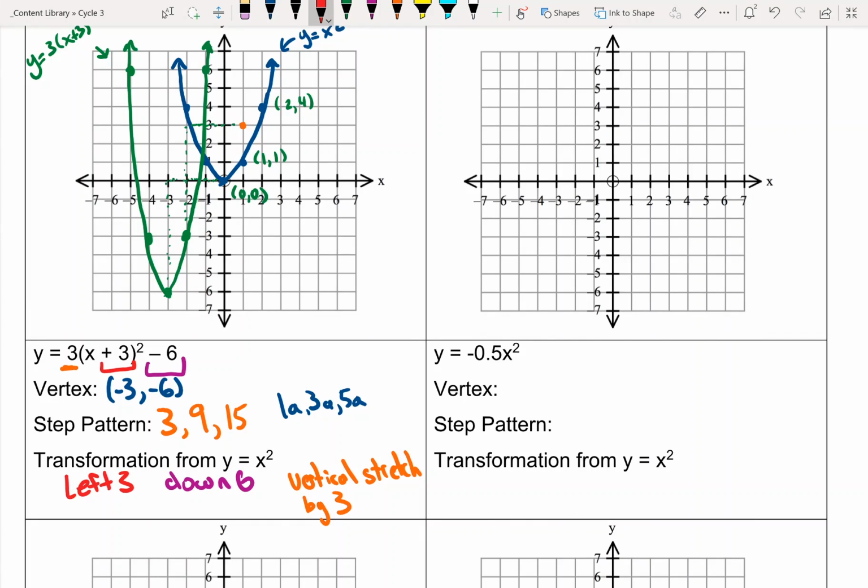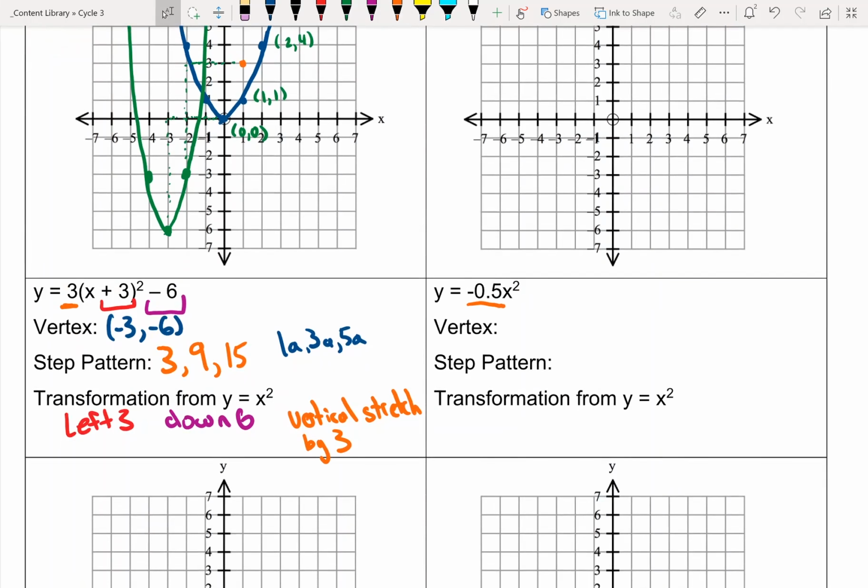There's nothing added or subtracted after, so there's no up or down, or vertical translation. There is a number in front though. Because it is a number between 0 and 1, that means we have a vertical compression by a factor of 0.5, and because it's negative, it is flipped.